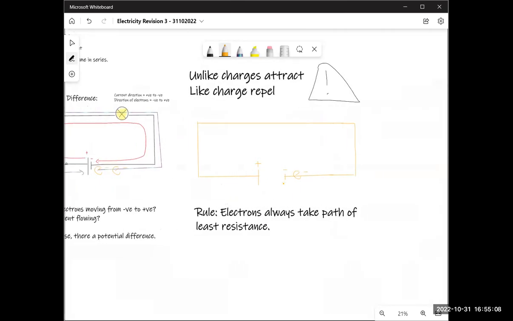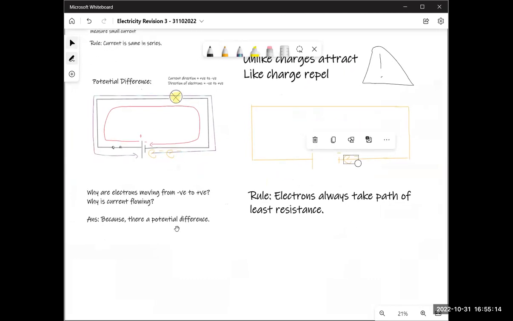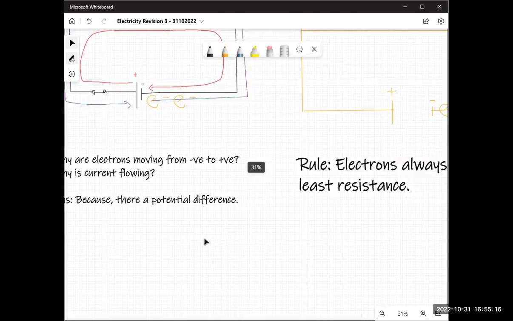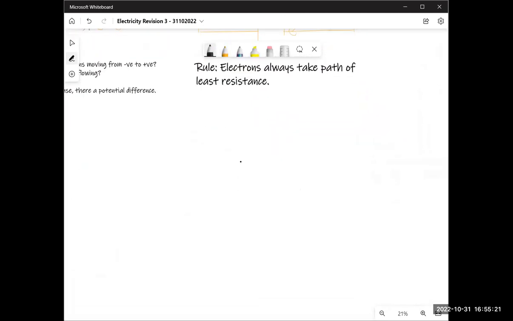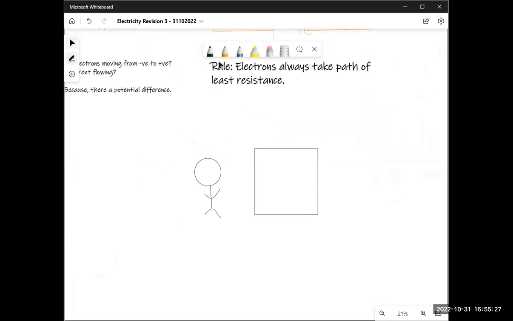Now that is causing the electrons to move because they want to go from negative to positive. Now this force is called the potential difference, and we can measure it in another way. Now let's say you have a box right here, and Najla, if you push the box, do you have to do some work to push the box? Yeah, it needs force.